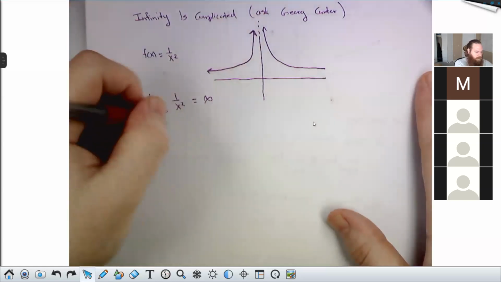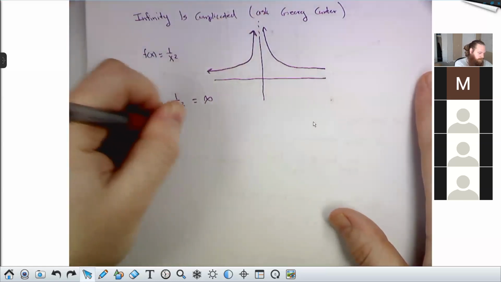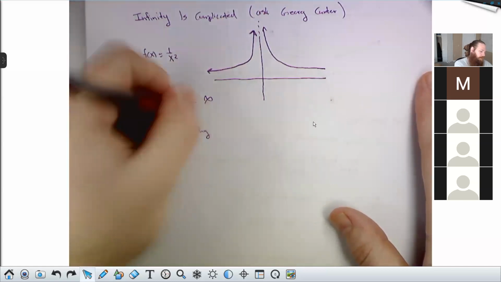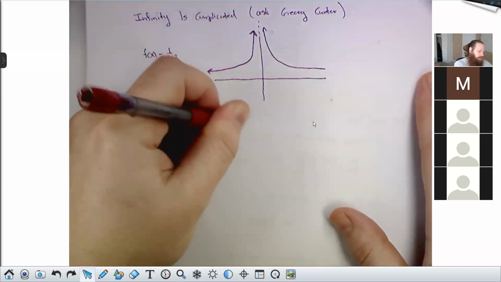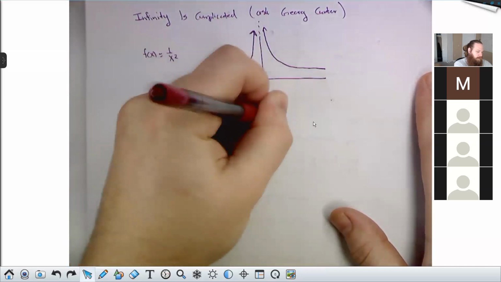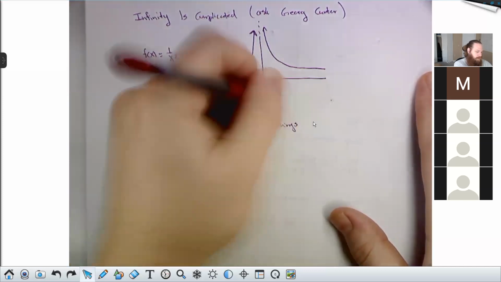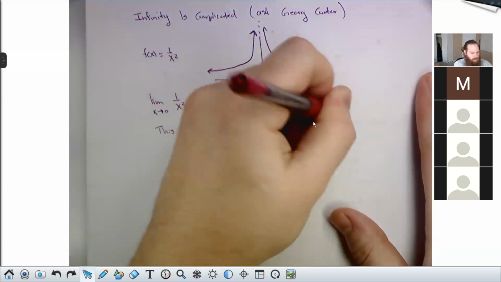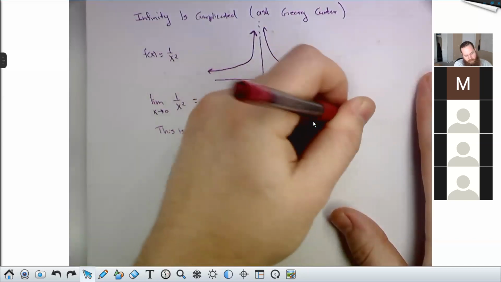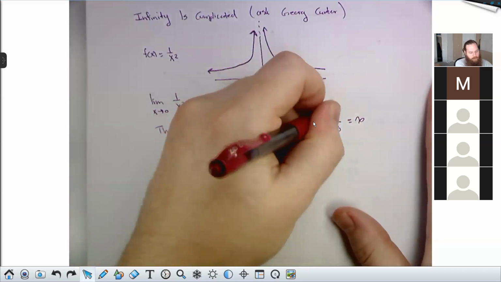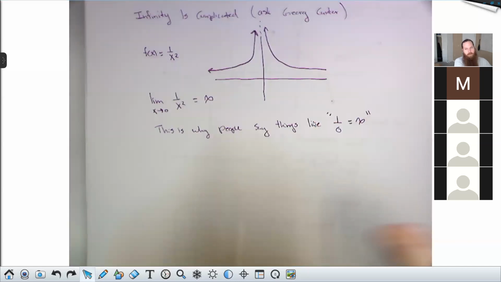And this is why people may say things like 1 over 0 equals infinity. Now I'm going to put this in some quote bunnies here, right? It's like 1 over 0 equals infinity. This is my symbol for I don't take responsibility for this.